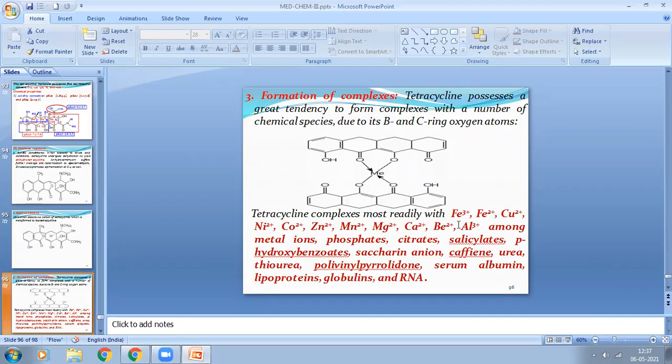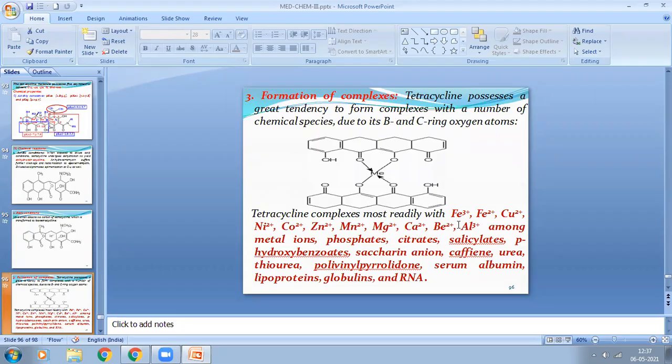And other ions such as phosphate, citrate, salicylates, para-hydroxybenzoates, saccharin anion, caffeine, urea, thiourea, polyvinyl pyrrolidone, serum albumin, lipoproteins, globulins, and RNA molecules. These all are the chemical species which can readily form a complex with the tetracycline.